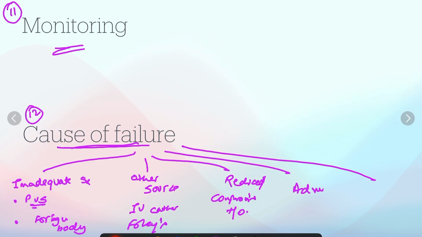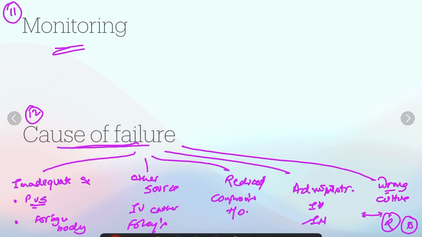Mistaken administration of drug, that is you have administered an IV drug required and you have administered through the IM route. And wrong culture reports, that is you have mistaken other patient reports or you have mistaken the resistant and sensitive antibiotics. So that could be cause of failure.